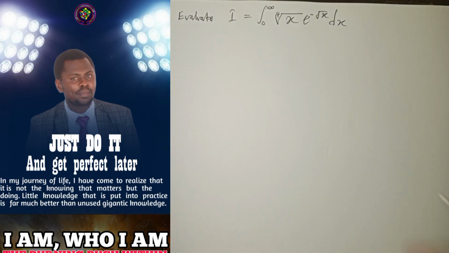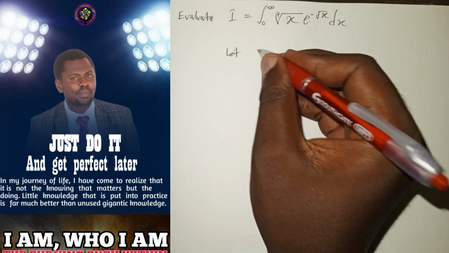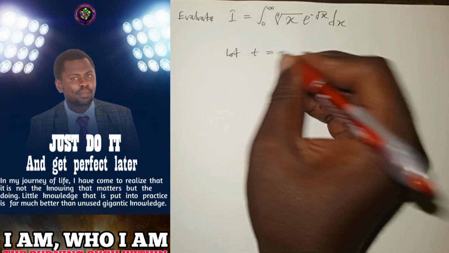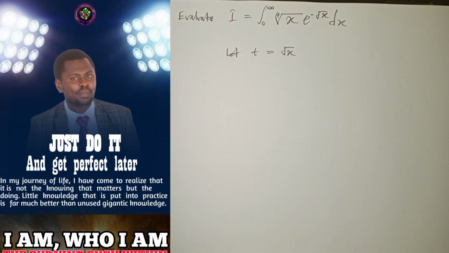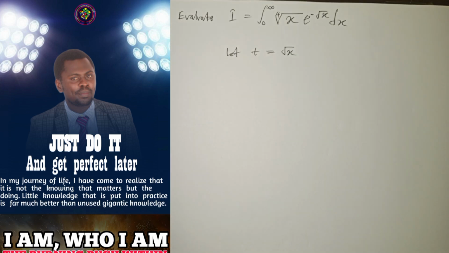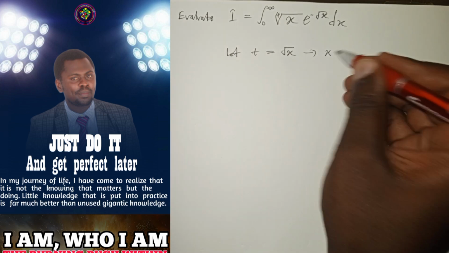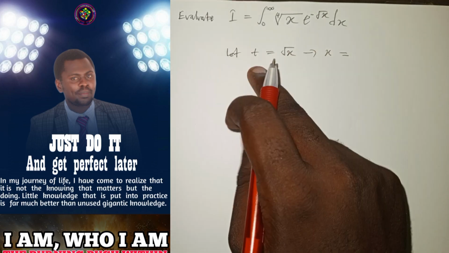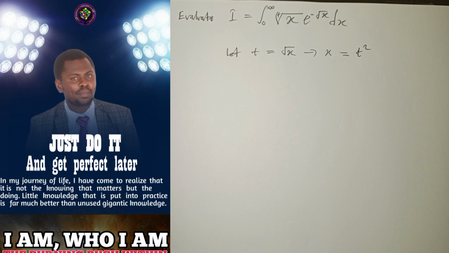Okay, so say let t equal to square root of x. Then we make x the subject of the formula. So it's just a matter of squaring both sides. So x is equal to the square of t, that is t squared.